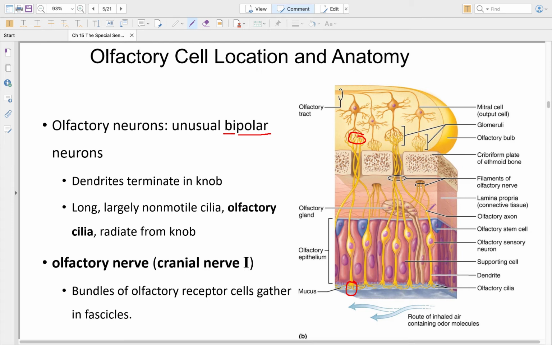And on top of that, there's also large cilia, olfactory cilia. So see all of this? These are all supporting cilia right there. Now this is all coming out of that particular knob.